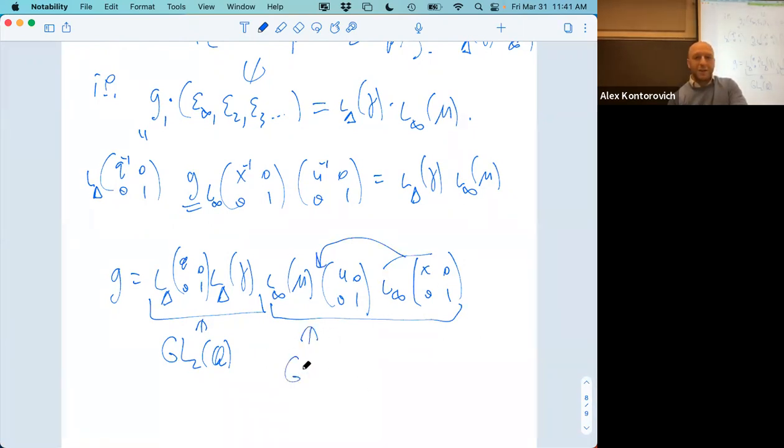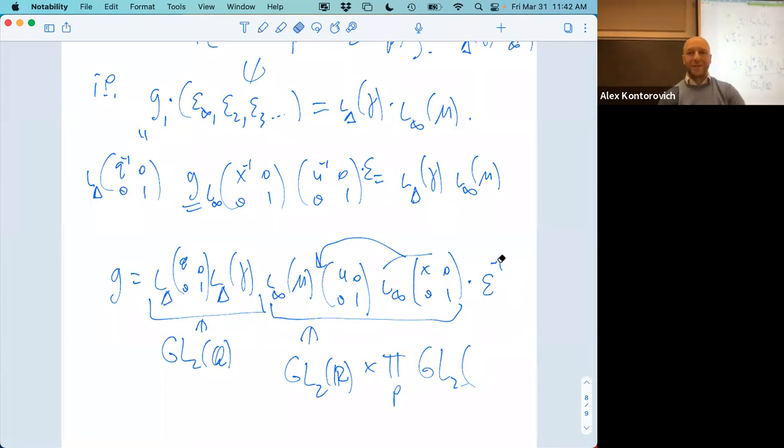This is in GL2R cross a product over P of GL2. Oh, and where's my epsilon? This was G1 times the epsilon matrix. So I need to multiply by the inverse of the epsilon matrix, epsilon inverse, over here.